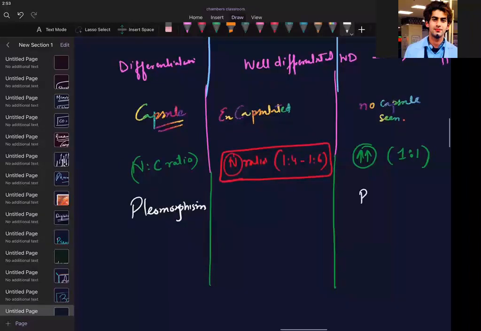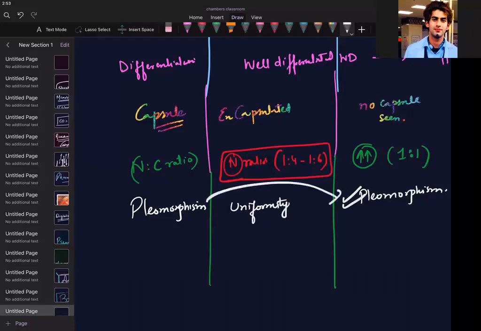So pleomorphism seen. Okay, tick. Here uniformity. So here you have uniformity, here you have pleomorphism. Fine. So what is pleomorphism? Means cell size, cell shape.